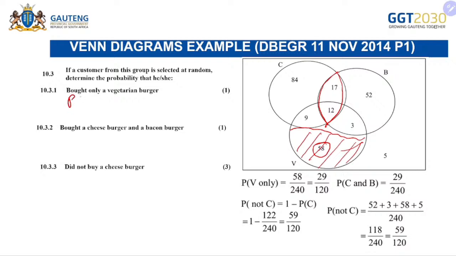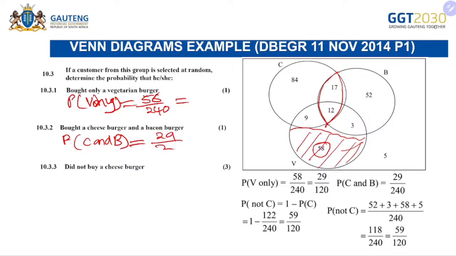So we said P, V only. We said it's 58 over 240. You can simplify that. P, cheese, C and B. This will be equal to, we said this is 17 plus 12 giving us 29 over 240.